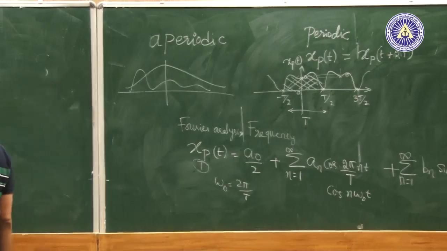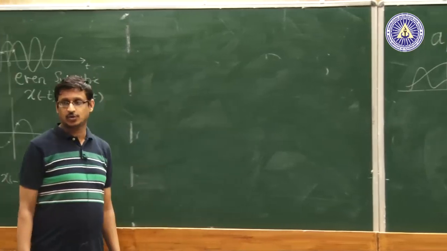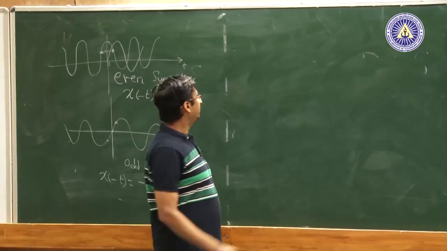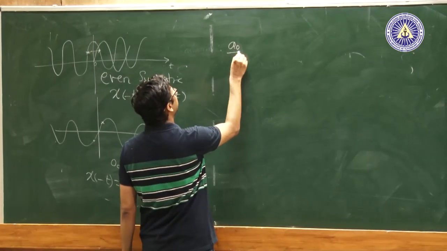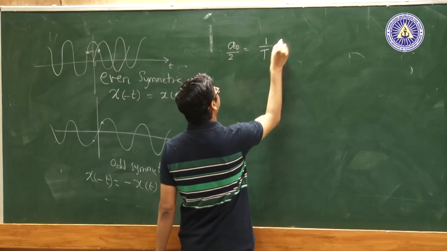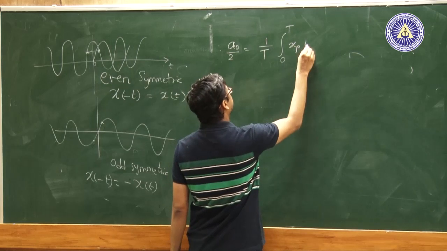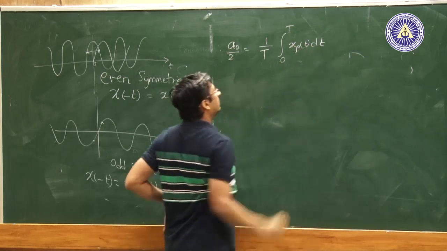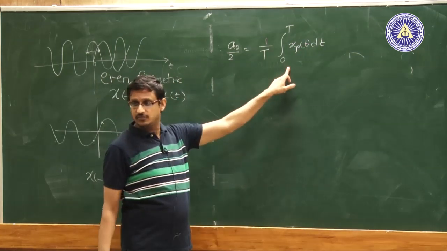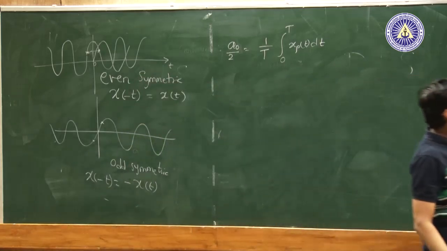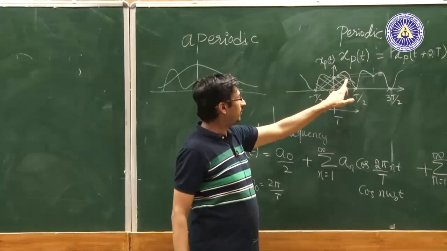This a0 by 2 is called the average value of the signal, and it is given by 1 by T integral from, say, 0 to T of xp of t dt. This is an integral, which means you simply find the area of the periodic signal over one period.